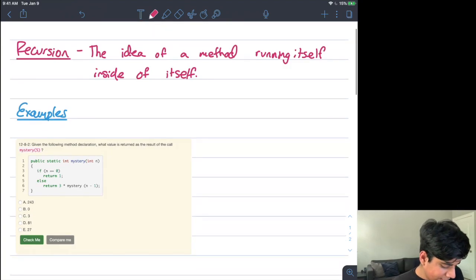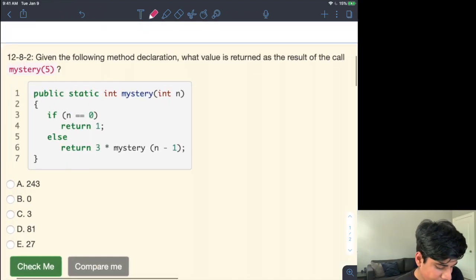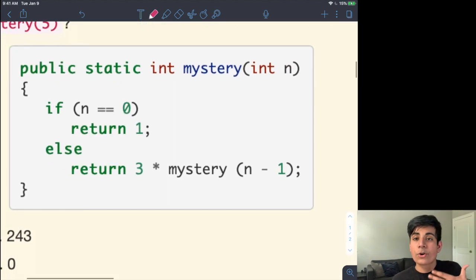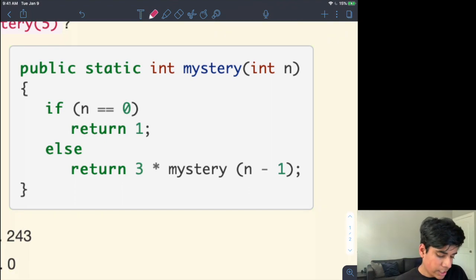Well, let's look at this example over here. Forget the question, we're just going to look at the function. This is an example of a recursive function, or a function that utilizes recursion. You may be wondering, how is this different than any other type of function? Why is this one recursive and the other ones are not? Well, I want to point to one specific thing.